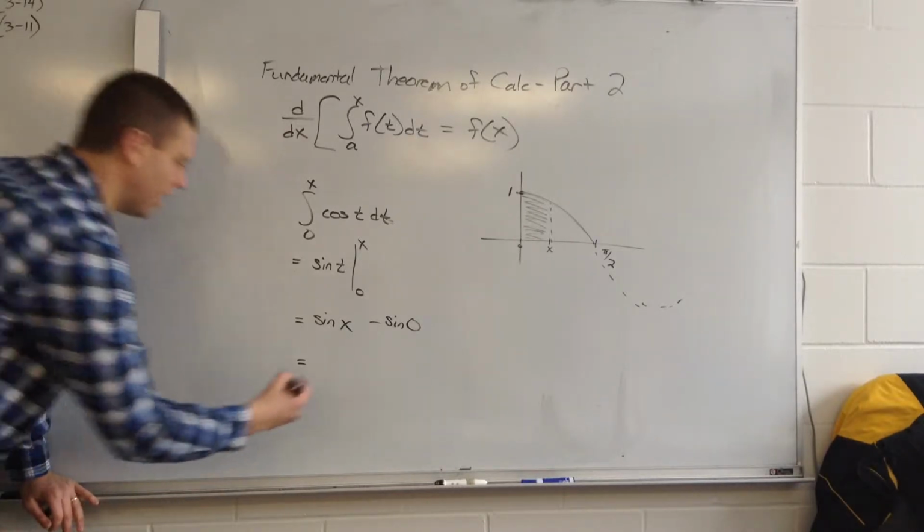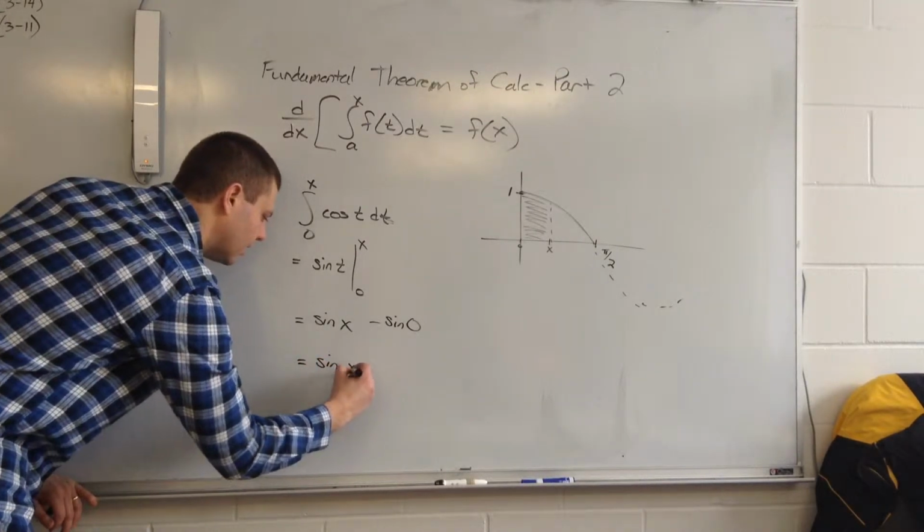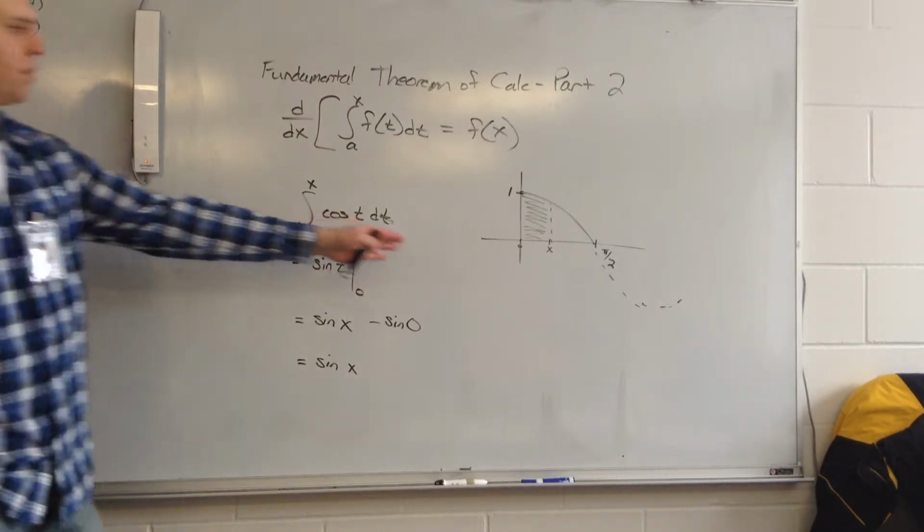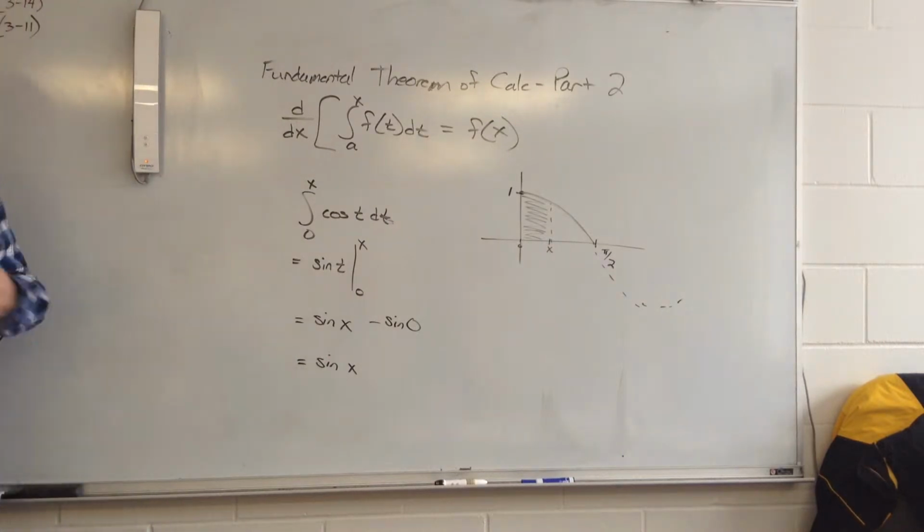So really you just have sine of whatever x is. So now, depending on whatever x value this is, that would be the answer to your area, if you will.